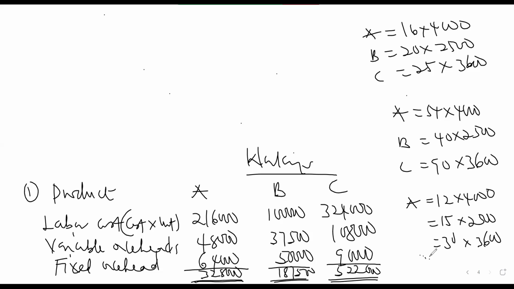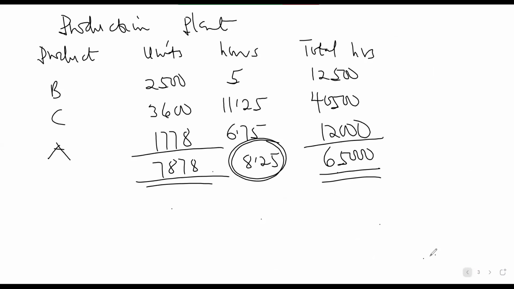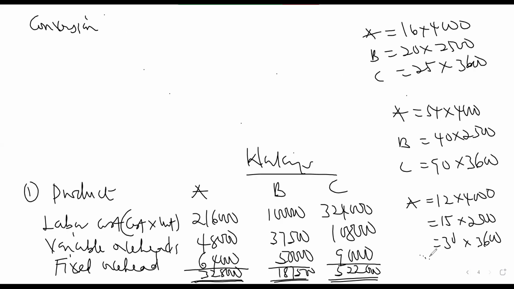Okay, so what will be the total conversion cost for the company? The total conversion cost for the company will give us what? The A is 328,000.